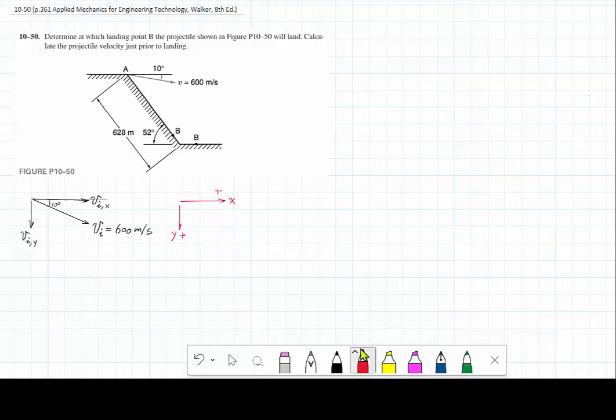So now let's label two possible landing points as B1 and B2. B1 lies on the horizontal ground and B2 lies on the incline. To begin our analysis, we'll assume that the projectile lands at B1.